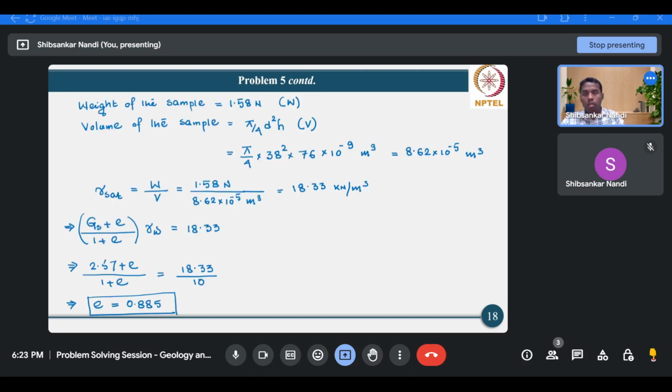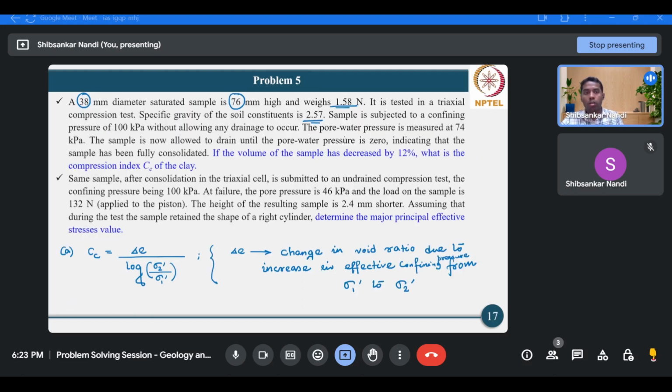So before the consolidation, what are the states of stress? This is the confining pressure 100, and this is the pore water pressure. Rather let me put these values in this fashion, because otherwise 2 and 1 will be misinterpreted. 2 and 1 mean intermediate and major principal stress. So let me put sigma C1, that is confining stress 1, and sigma C2.